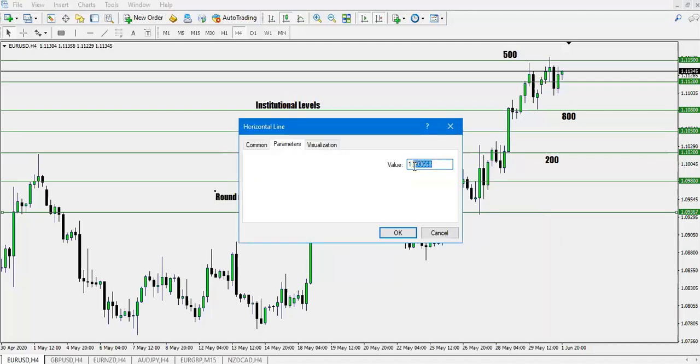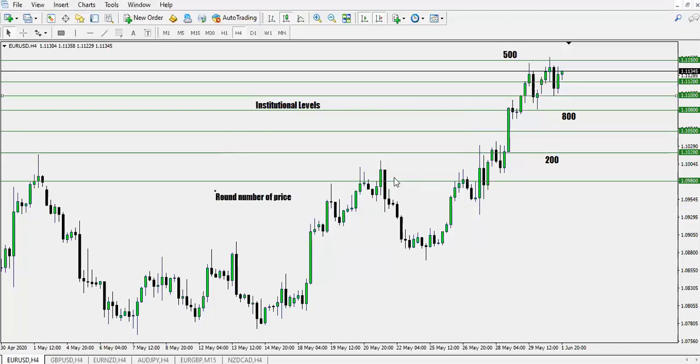So if we look at that, we would say that 1.11 is the round number price right there. So these are your institutional levels, the 500, the 800, and the 200, as well as the round number price.